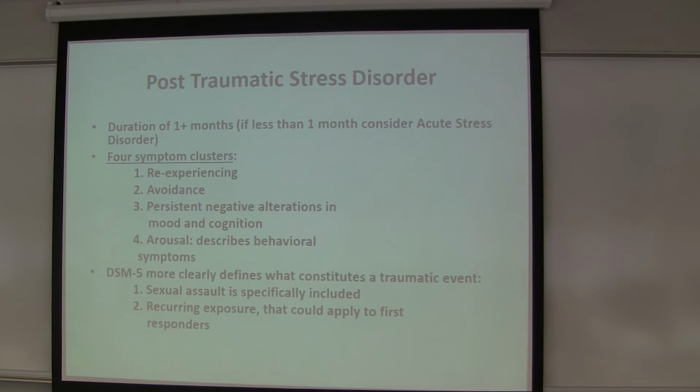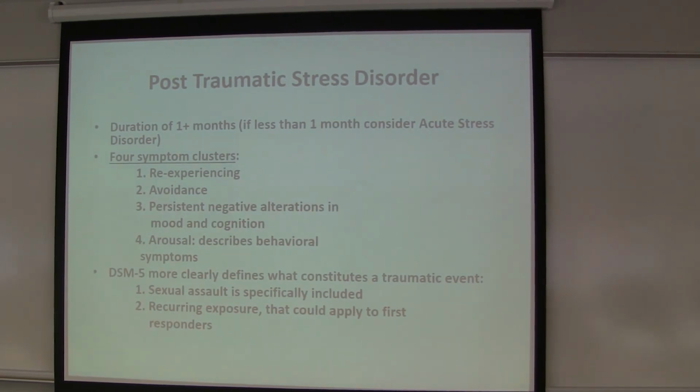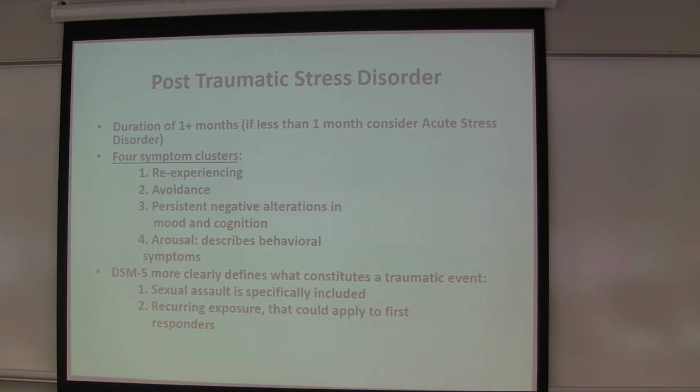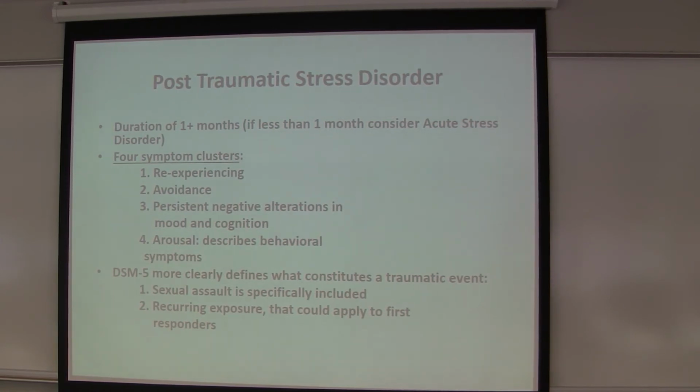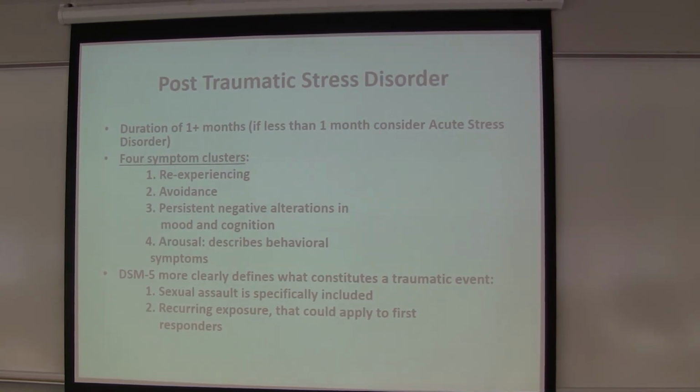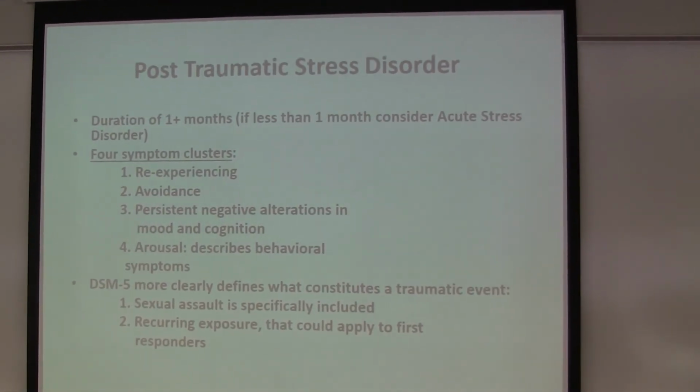If we think about post-traumatic stress disorder, the person must have symptoms for 1 or more months. If it's less than 1 month, what would be important for you to remember is that that would be a diagnosis of what is called acute stress disorder.